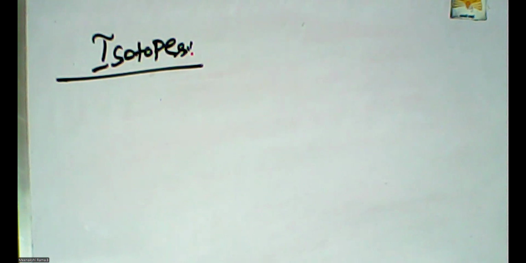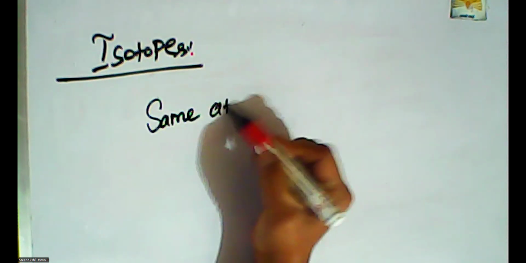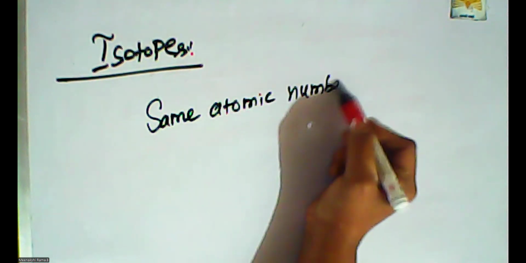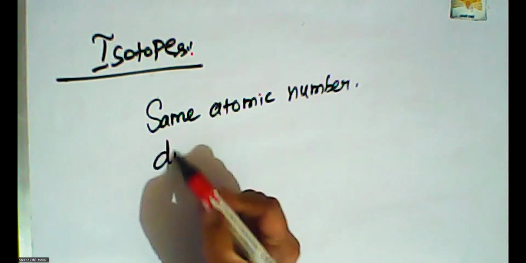Isotopes means atoms or elements that have been identified with the same atomic number and different mass number.